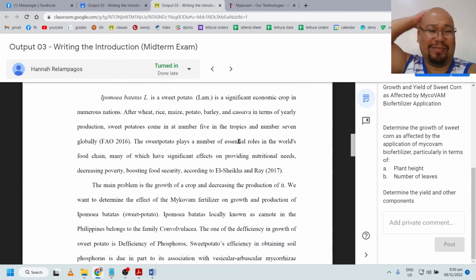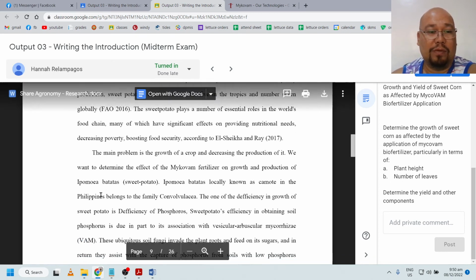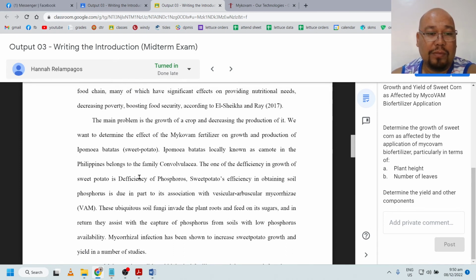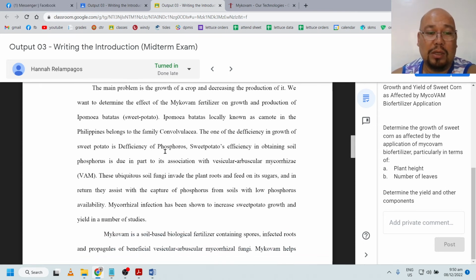Like I said, it's cheap. But if you insist you want to go with sweet potato, then by all means use it. But I would suggest you go for a high value crop like sweet corn rather than sweet potato, on the effect on growth. Okay, so instead you change the material into sweet corn.